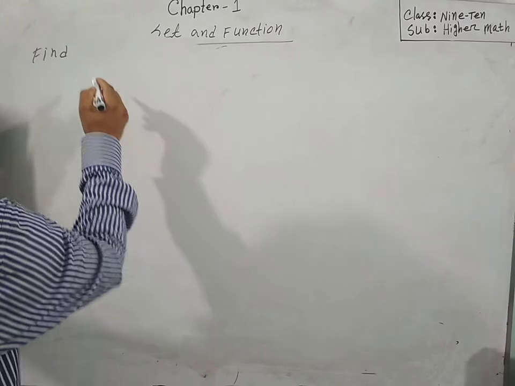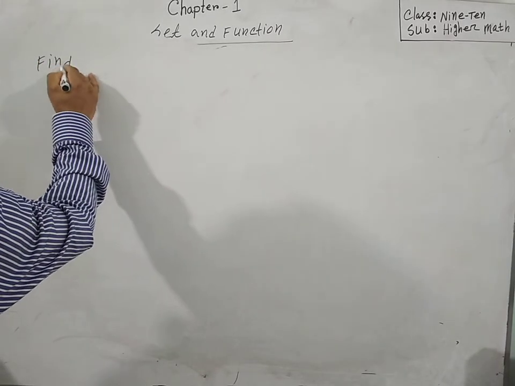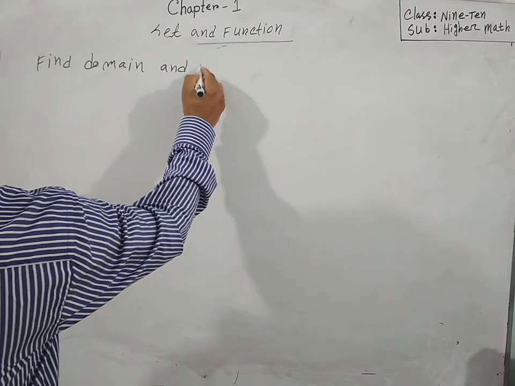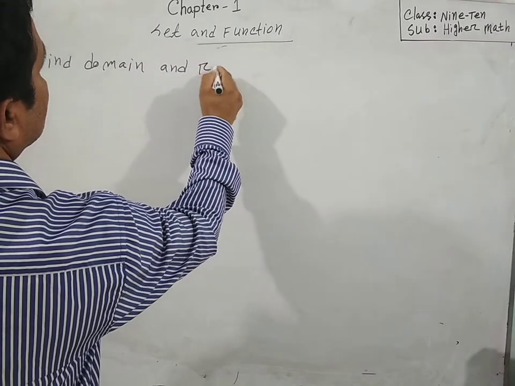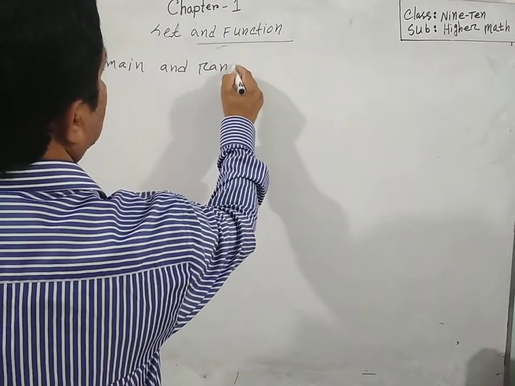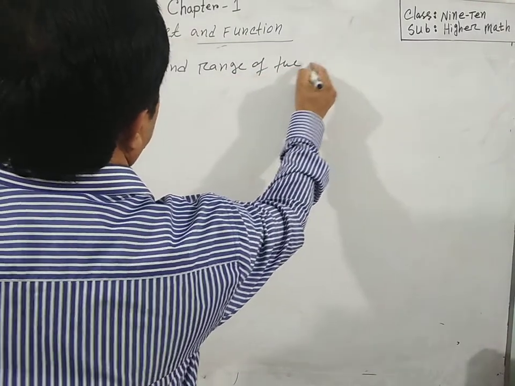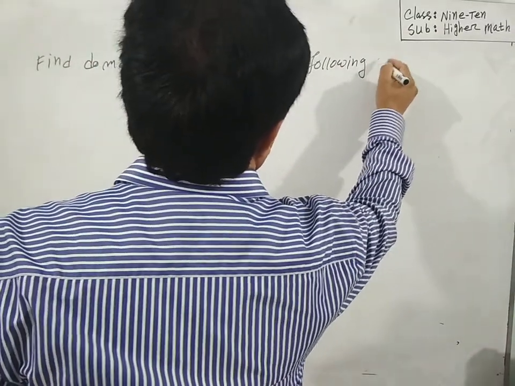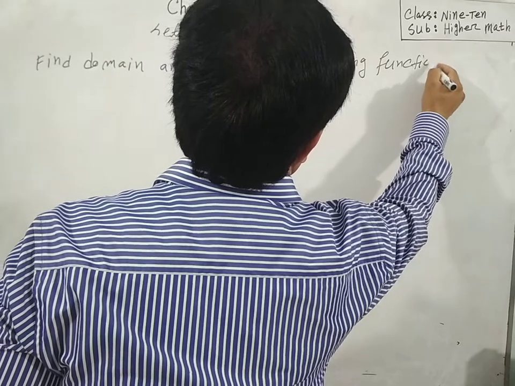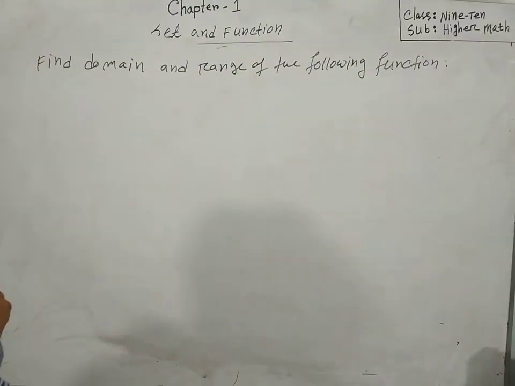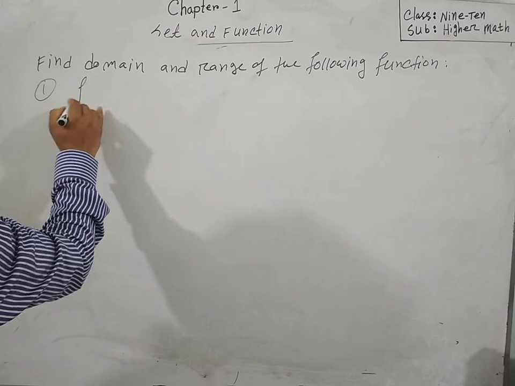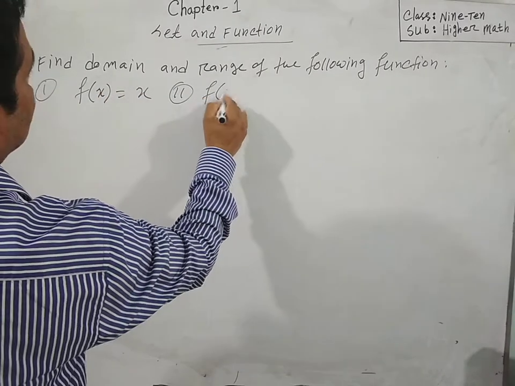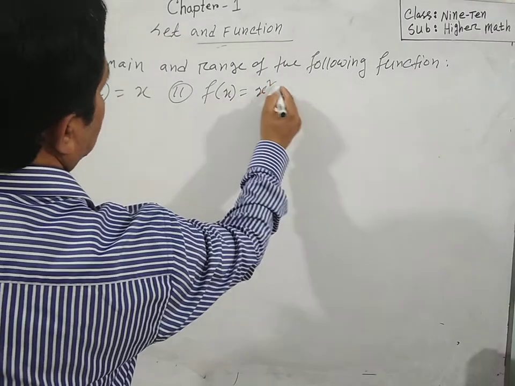Find domain and range of the following function. Number 1, f of x equals x. Number 2, f of x equals x square.